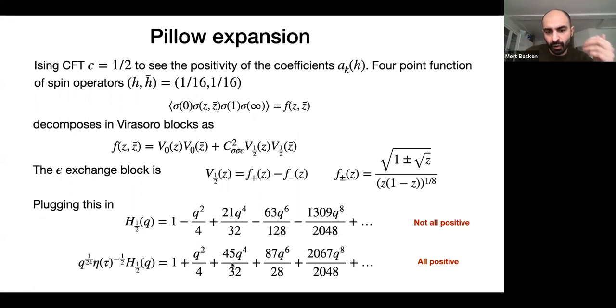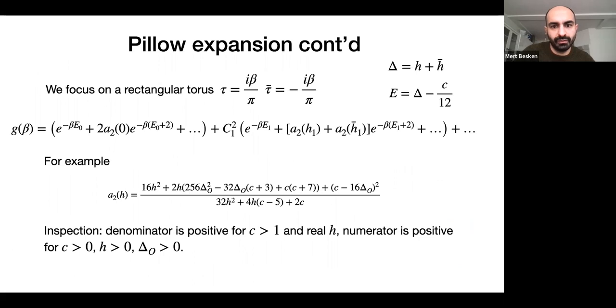You can convince yourself that all of the terms are positive, because here we have the closed form expression. So this is the property we want to use, not for minimal models, but for generic C greater than 1 conformal field theories.